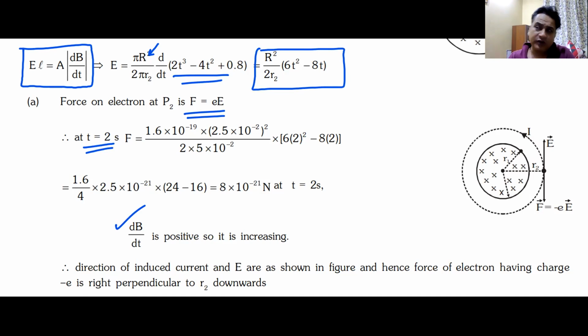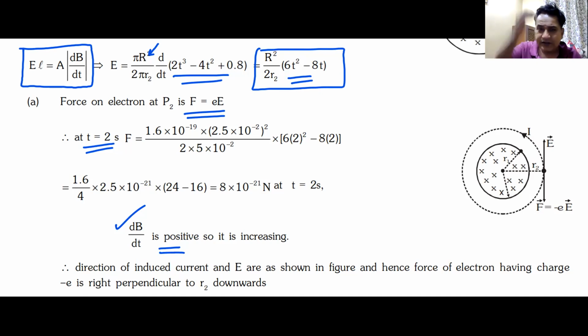The only thing that might trouble you is finding the direction of this force. At time t equal to 0, you have to find out whether the magnetic field is increasing or decreasing. If the magnetic field is increasing, the electric field has to decrease it. Electric field is created by positively charged moving charge, so from there you can find the direction of current, and the direction of current should be such that it opposes the increasing field.